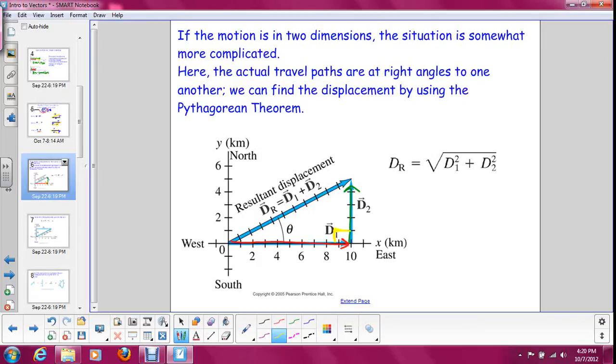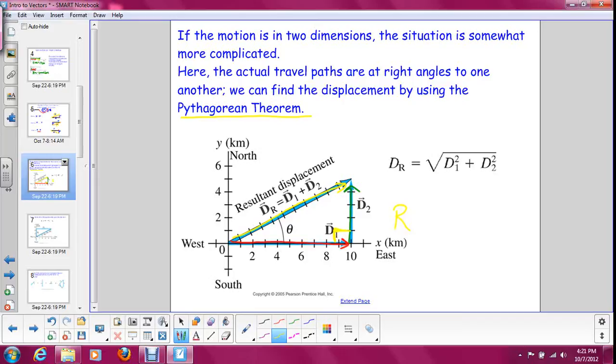And hopefully all of you know when you have a triangle with 90 degrees in it, you can use the Pythagorean theorem to solve for your hypotenuse, or this guy right here. So if you're adding two vectors that are at right angles to one another, you use the Pythagorean theorem.